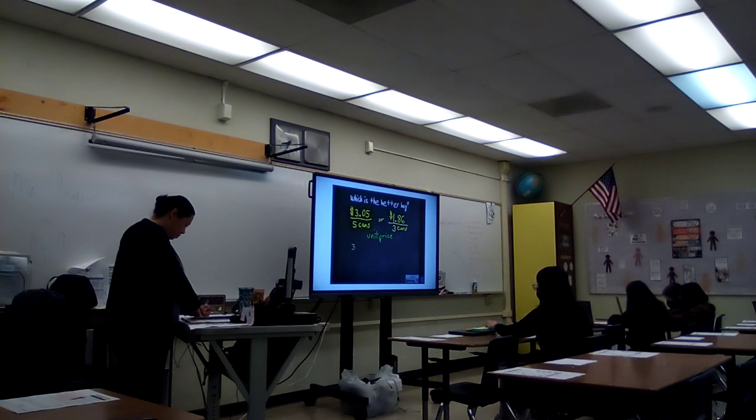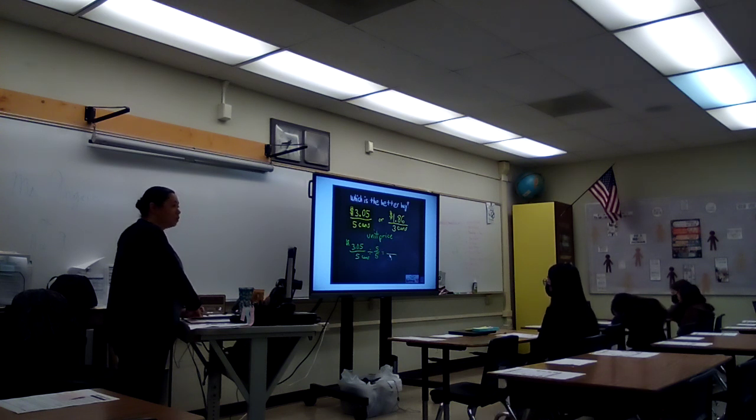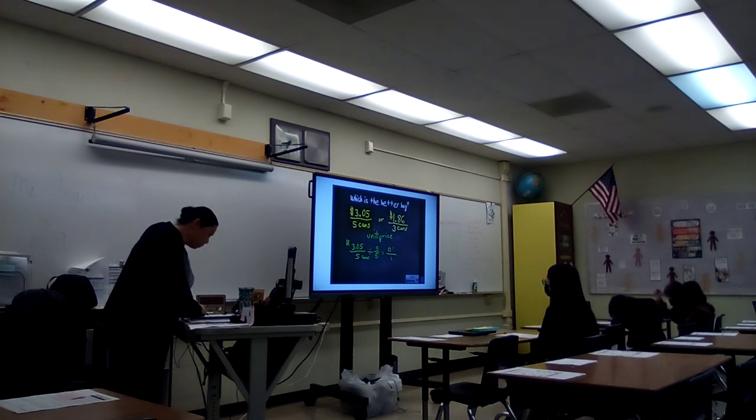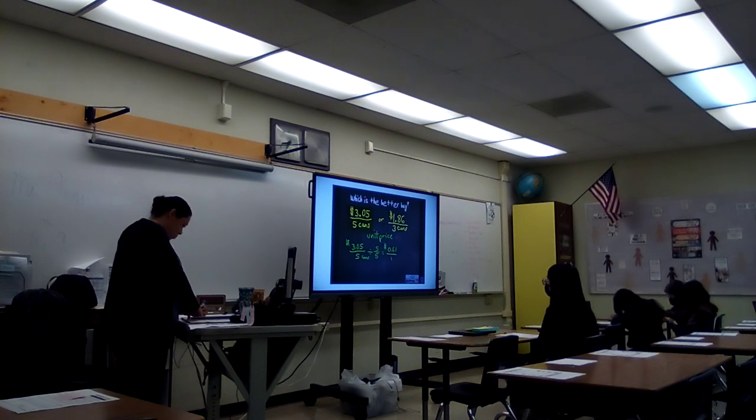So, $3.05 over 5. If I divide the top and bottom by 5, which is the denominator, I get 1 in the denominator here, and then I get 305 divided by 5, which is 61. So they're charging 61 cents for every 1 can. Now the other one is $1.86 per 3 cans.